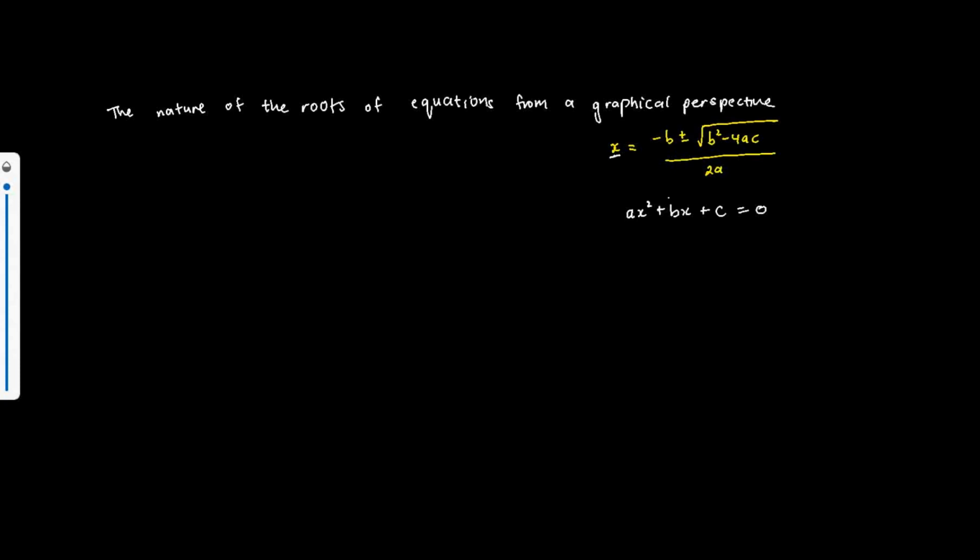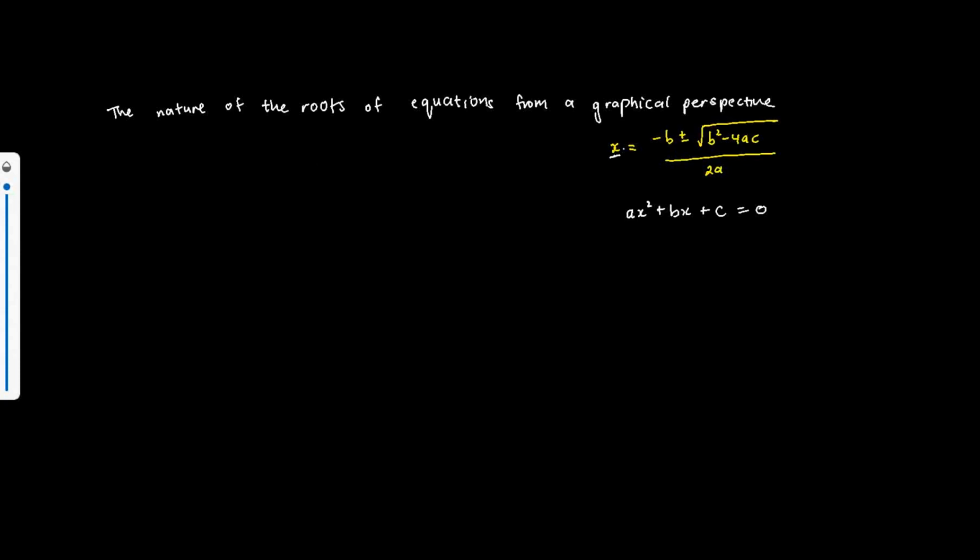Not undefined, but non-real. Undefined is when the denominator of a fraction is 0. Your calculator would just simply say mathematical error, or maths error. It's because what's underneath the square root, what's underneath the surd, is a negative value.